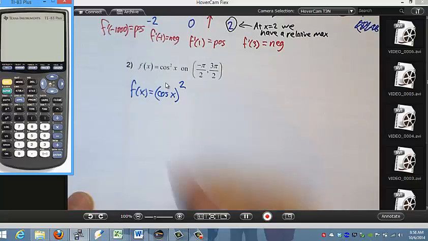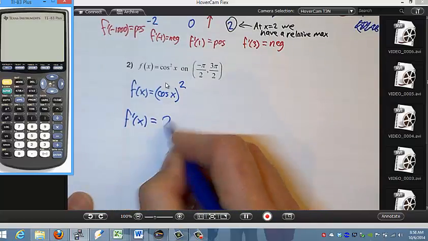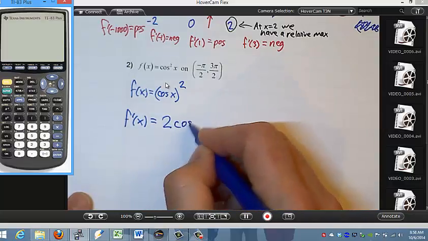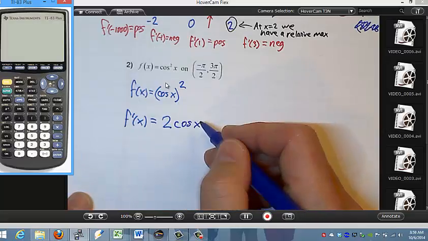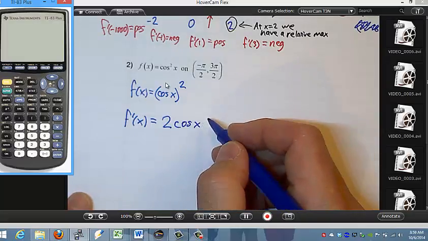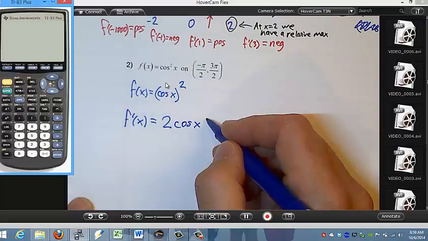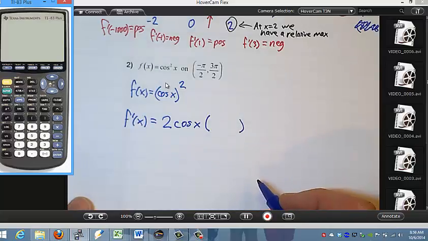So when I do the derivative, bing, and then bing, to what power? To the first power. And then bong. So we have to multiply by the derivative of the inner function. What's the derivative of the inner function?